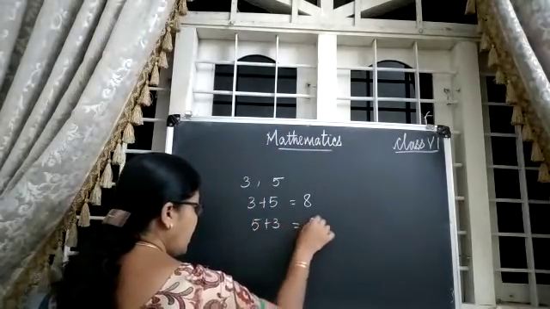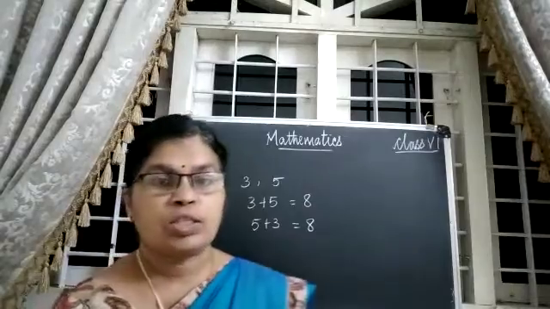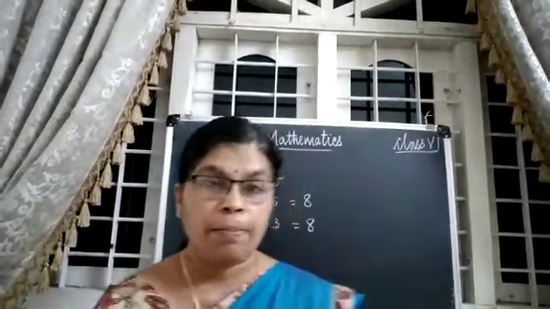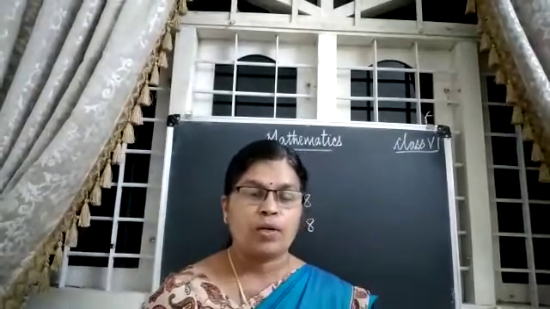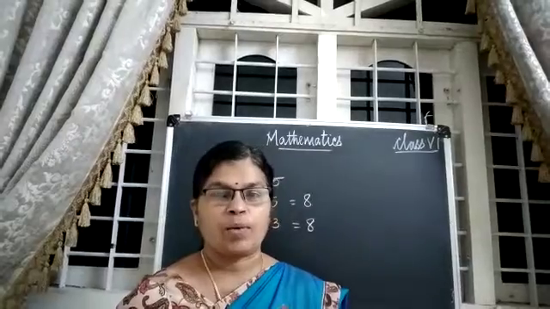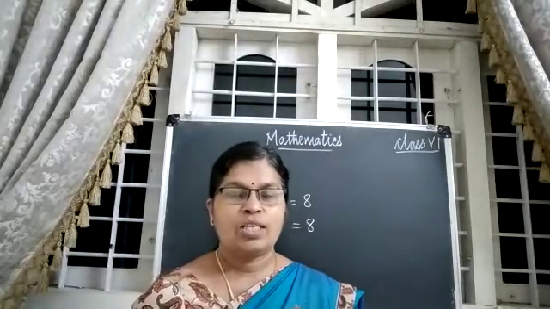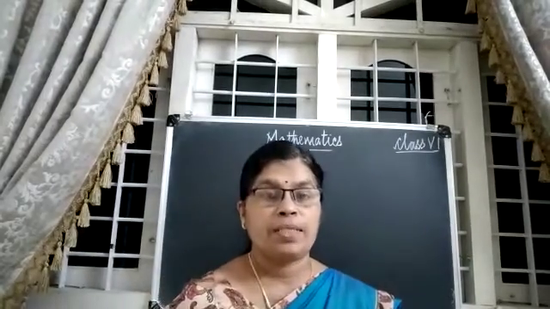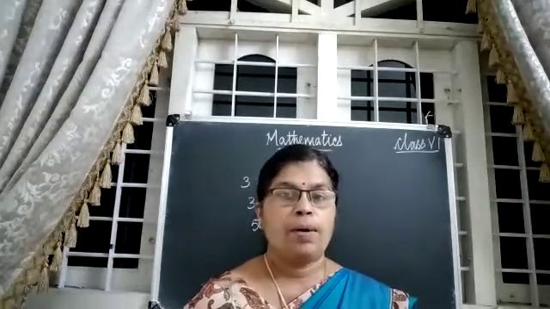What is 5 plus 3? Again we got 8. So that is the commutative property. 3 plus 5 is equal to 5 plus 3. Both are equal, right? That means two whole numbers can be added in any order, and the sum remains the same.